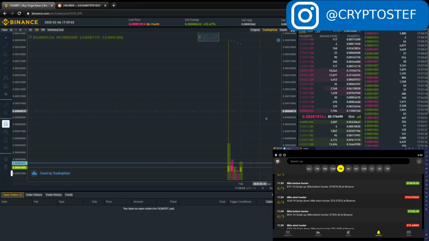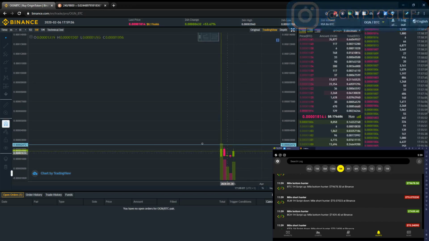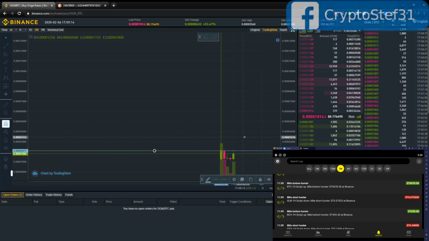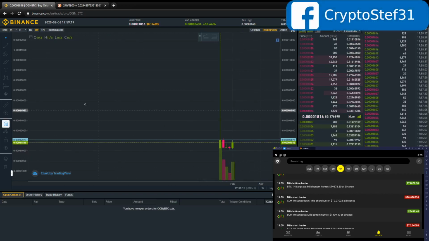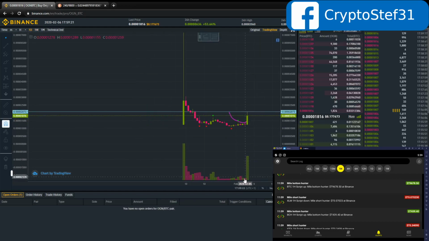So okay, I see why 150%. So this is the weekly. You have a bullish candlestick and probably going to retest this. So who bought this? You're a genius.